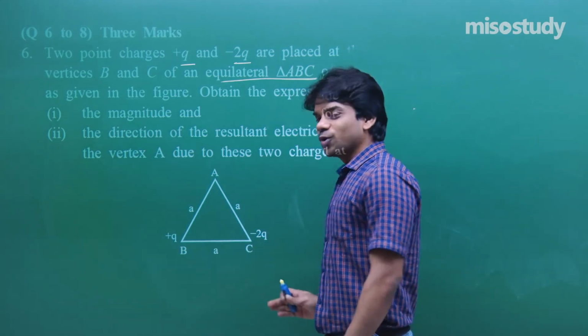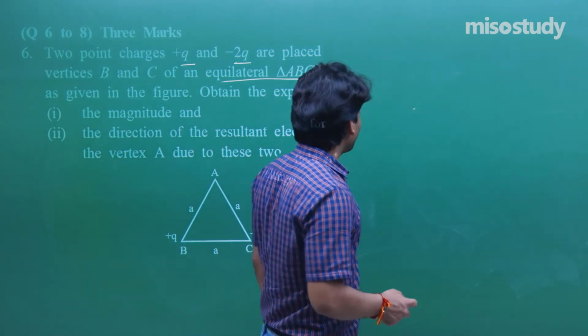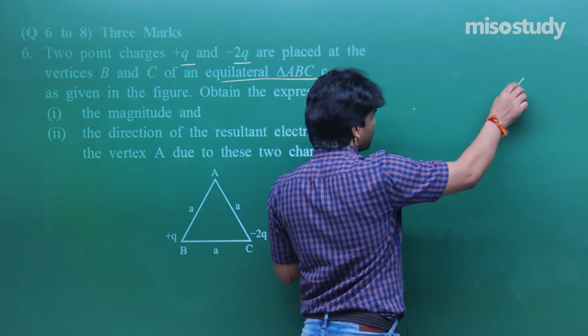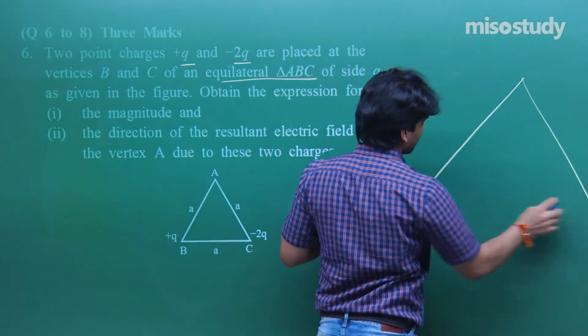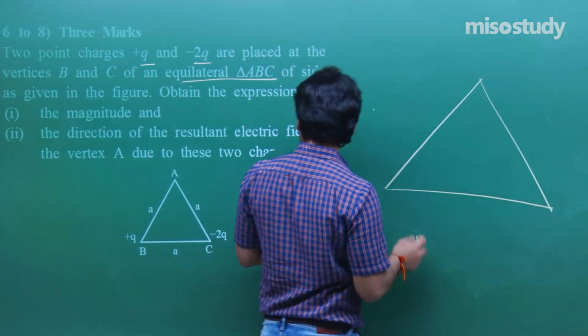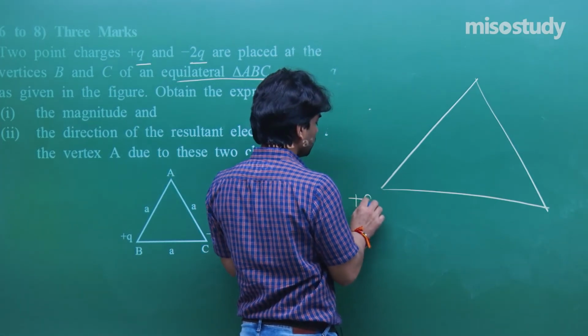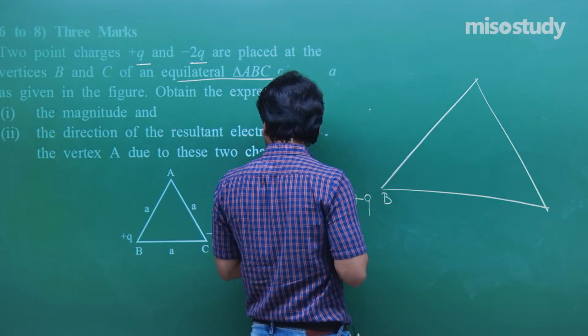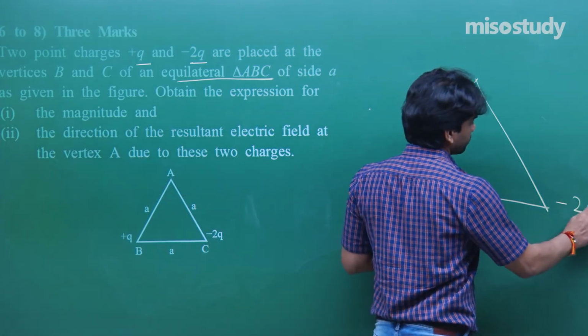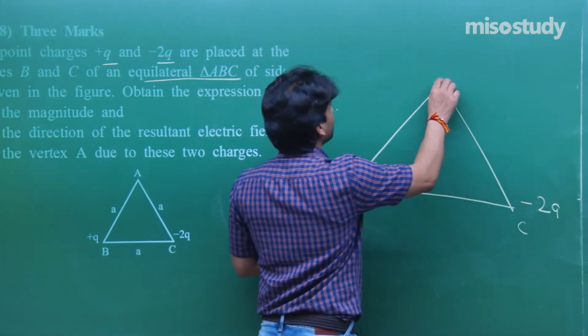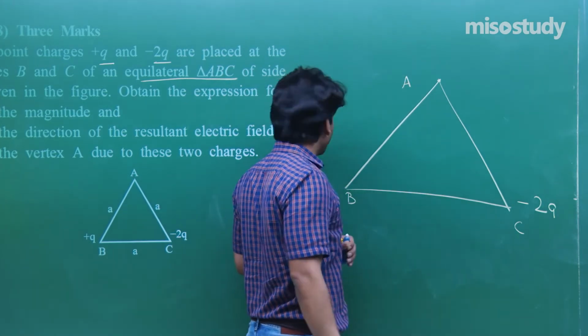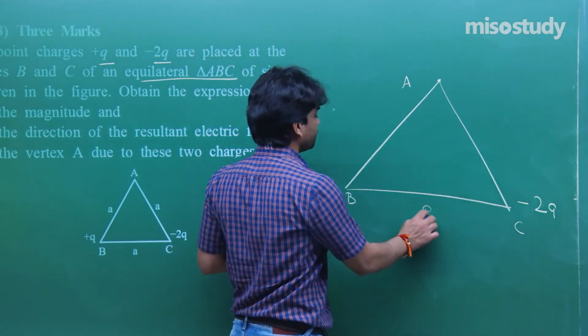Plus Q, minus 2Q. You know the method, but the question would be simpler if the charges were of same magnitude, but here the charges are of different magnitude. So I am just mentioning here plus Q point B and here minus 2Q point C, and here we have point A, where we have to evaluate the magnitude of electric field.